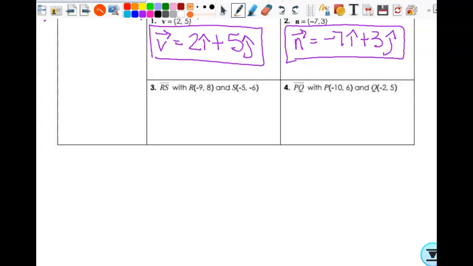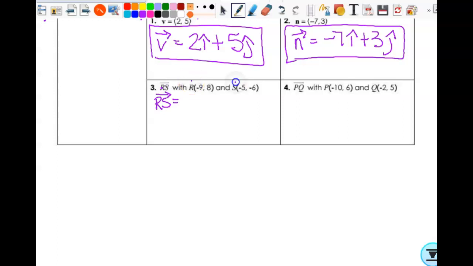Now on number 3, they give me the initial and the terminal point. They don't give me component form. So I want to put it in component form, and then I can easily get it in linear combination form. So vector rs, and remember, the order in which you do things makes a difference. This is your initial point, this is your terminal point.